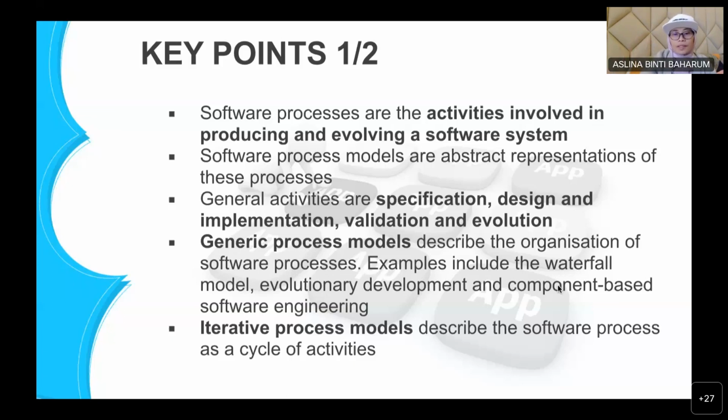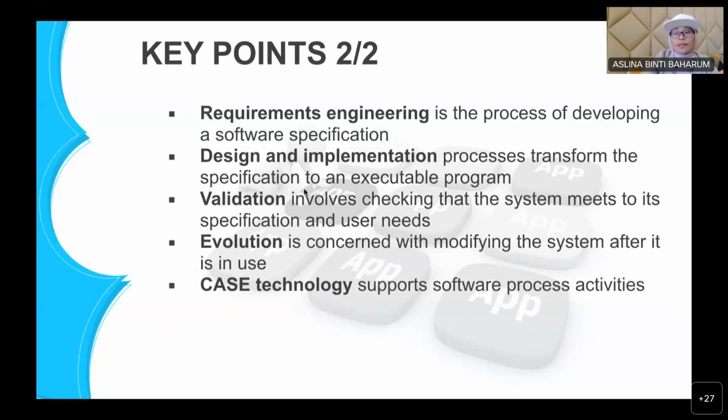Talking about iteration, it is a circle of activities. It will go back or go forward. Requirement engineering is the process of developing specifications. Sometimes they use the word requirement, sometimes the word specification, but it's the same thing, to find the requirement.